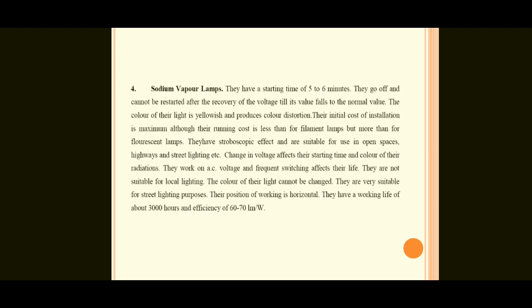So here the life is 3000 hours, similar to mercury vapor lamp, because in the case of mercury vapor lamp also the life is 3000 hours. And in the case of mercury vapor lamp, the efficiency is 42 lumens per watt.